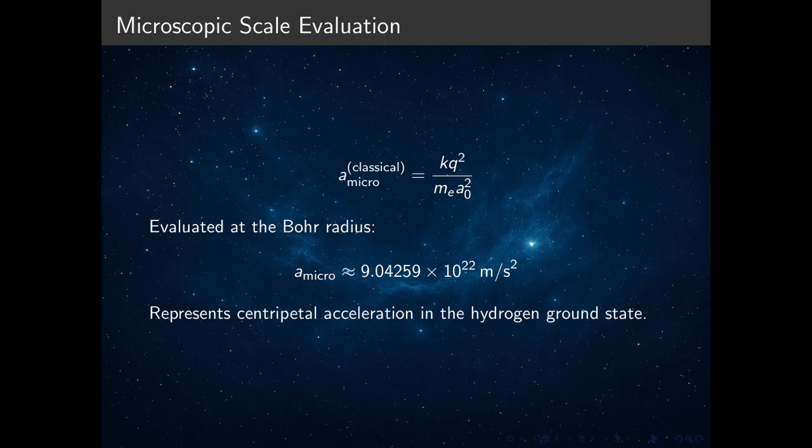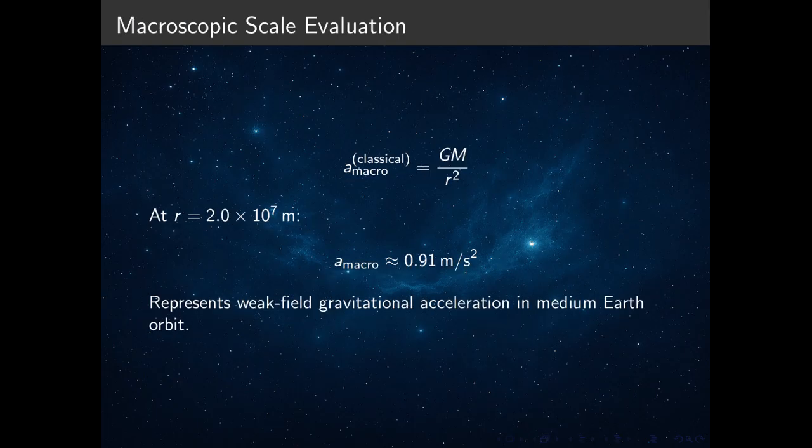This value represents the angular centripetal acceleration required to maintain the electron in orbit at the Bohr radius. It reflects the extremely strong electromagnetic coupling and the very small confinement scale characteristic of the quantum regime.